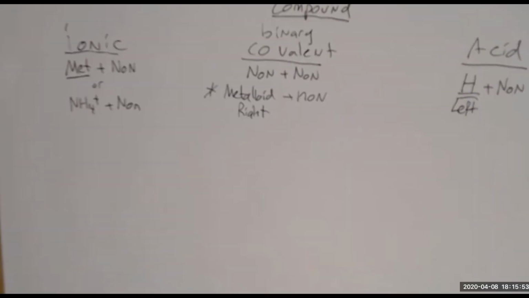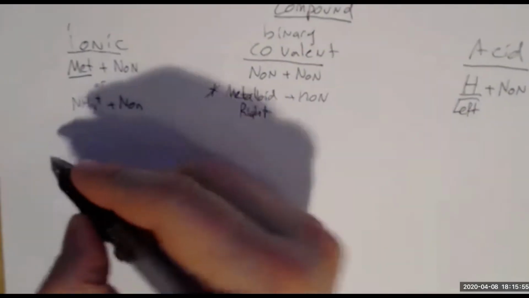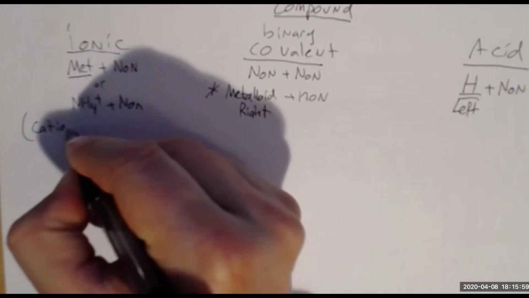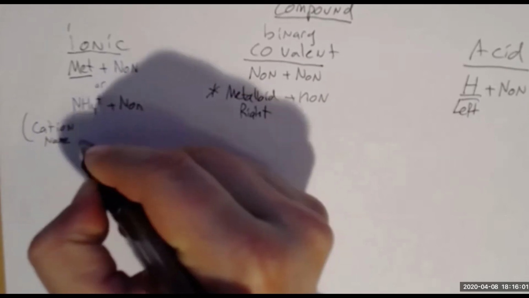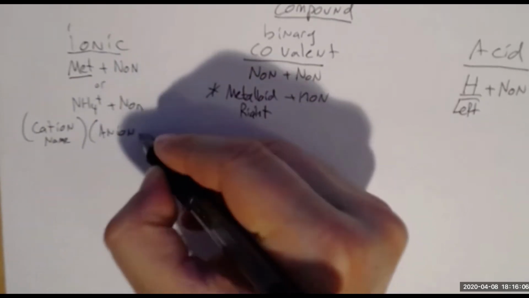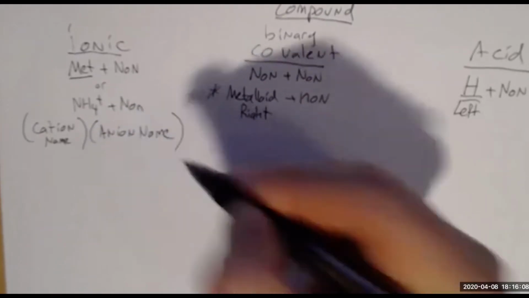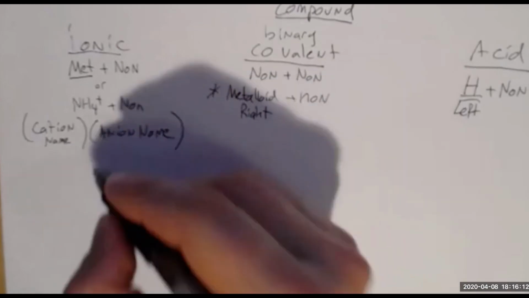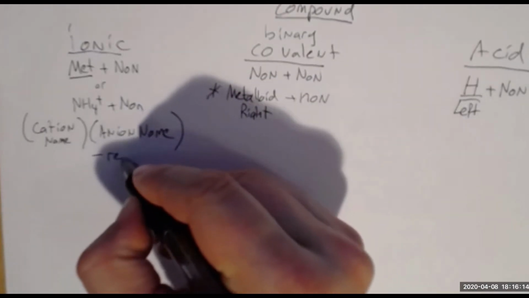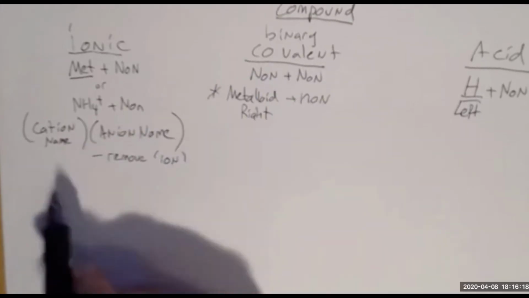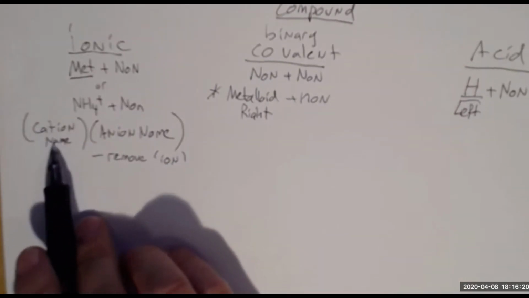So for ionic, the very simple rule is it's the cation name plus the anion name. And technically from that, you remove the word ion. If it's an individual cation, then the name should end with ion.